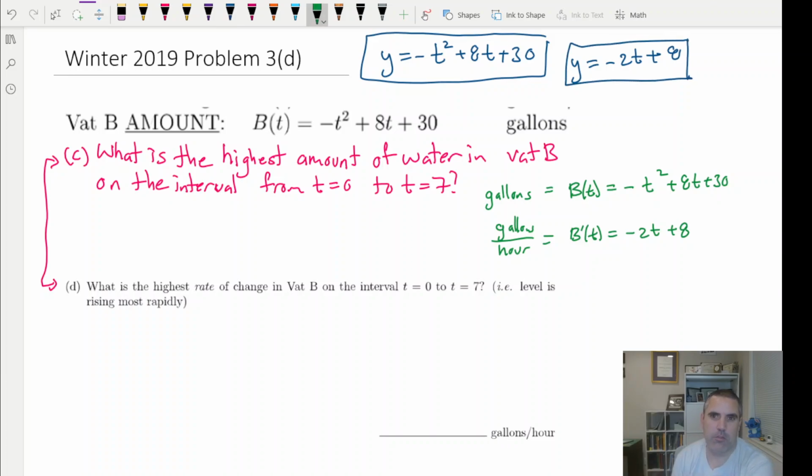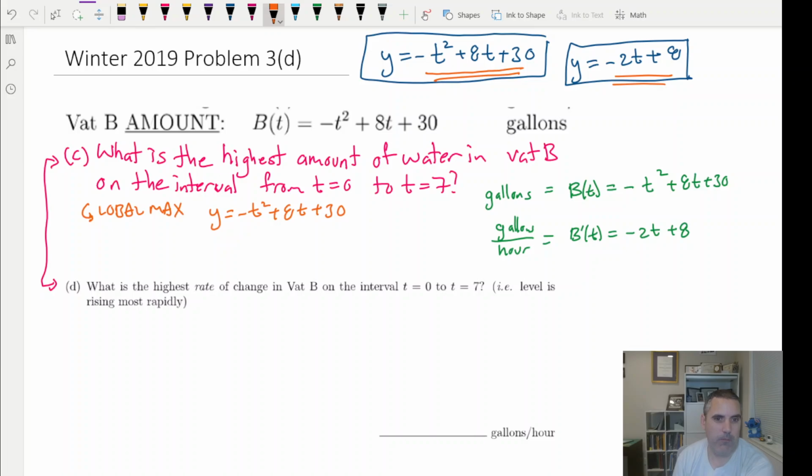If somebody asked you the global max of a problem, it's going to be different if they're asking for the global max of this or the global max of this. Those are different formulas. Question C, what is the highest amount of water in vat B, is asking for the global max of this function, negative t squared plus 8t plus 30.